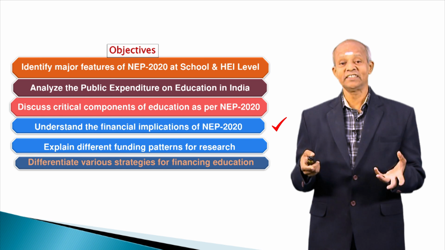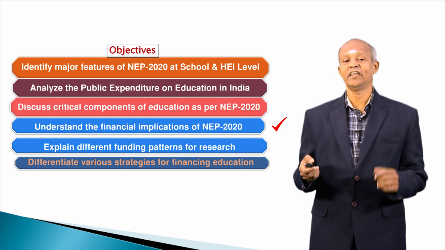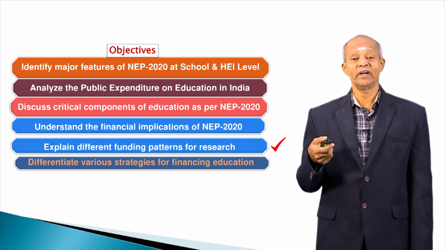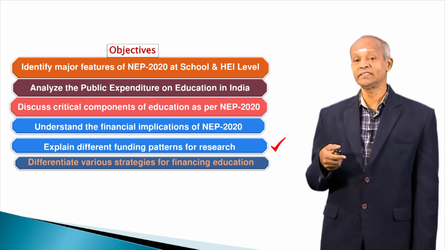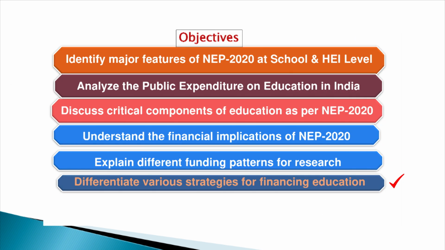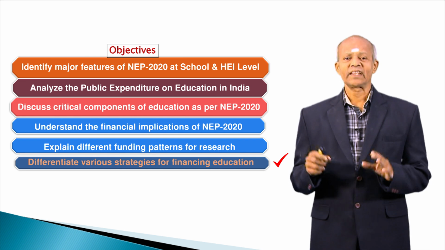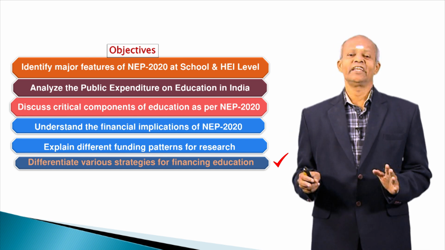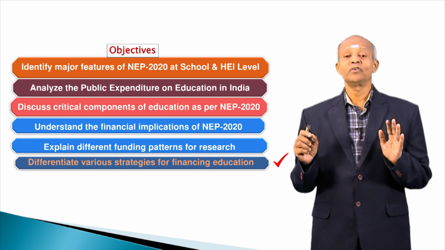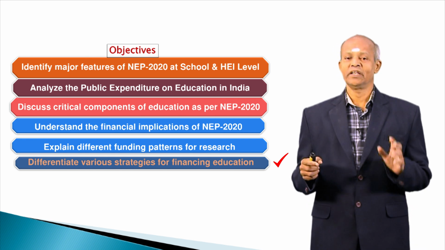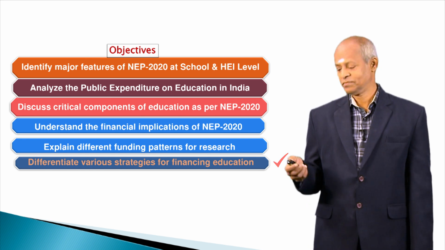We will explain different funding patterns for research, how to fund research, and we shall differentiate various strategies for financing education. So, in total we will discuss what is NEP and how to finance education in the purview of NEP 2020. Okay, let us start.